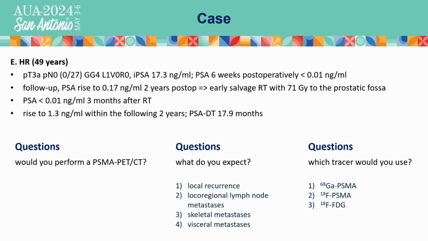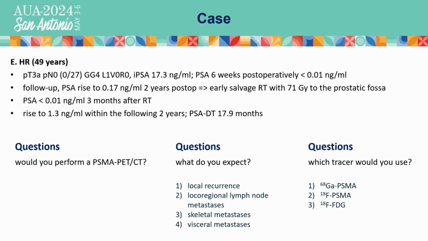If you would expect, for example, skeletal or visceral metastases, most probably you could do a conventional imaging or start patients immediately on androgen deprivation therapy. If you would expect local recurrence and your patient might be a candidate for some type of local treatment, then definitely a PSMA PET scan would be advisable. And the next question is, which tracer would you use in this situation? The selection of your tracer depends on what you would expect with a PSMA PET scan.